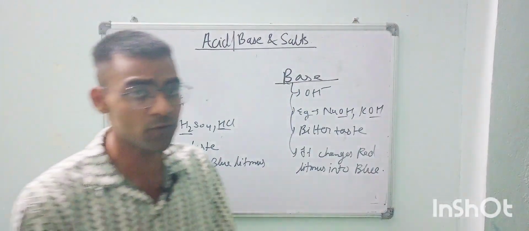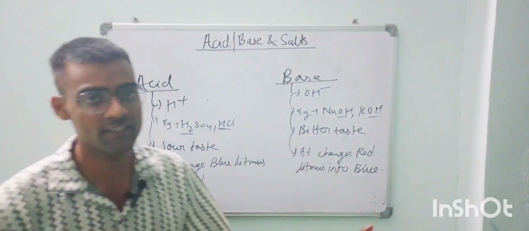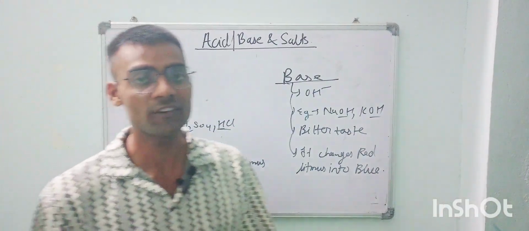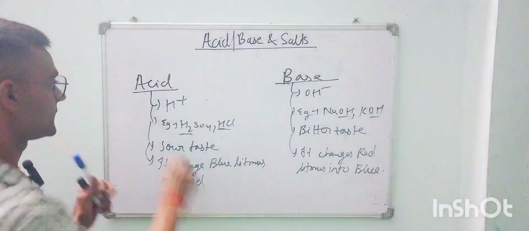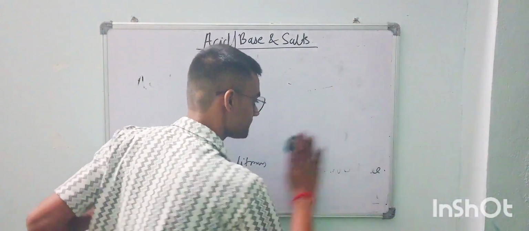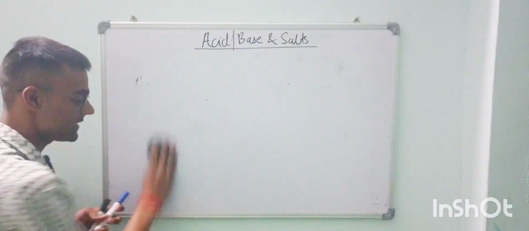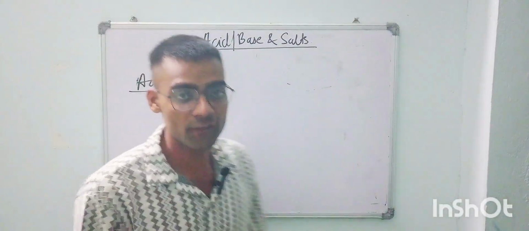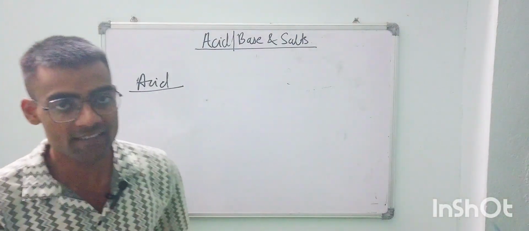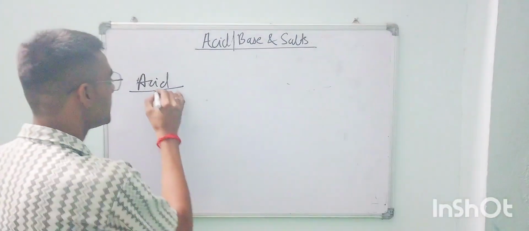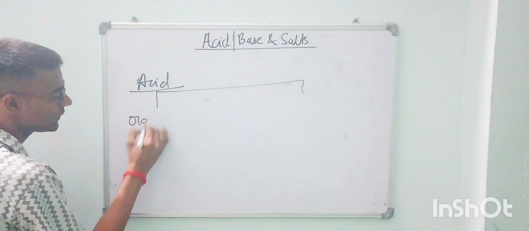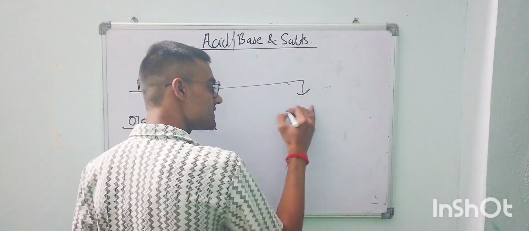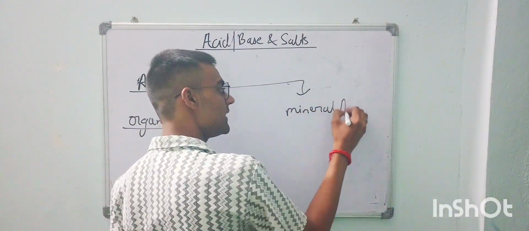Now we will discuss acid and base separately. Acids are generally of two types: organic acid and mineral acid.